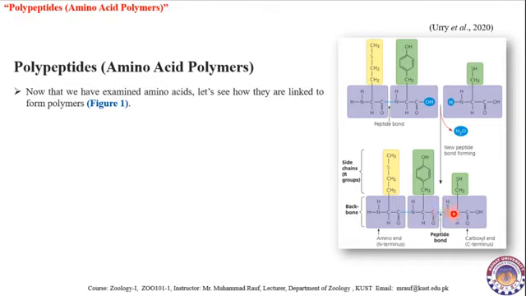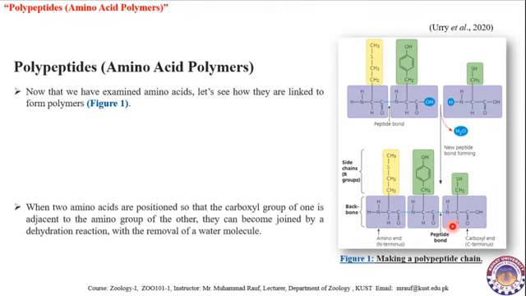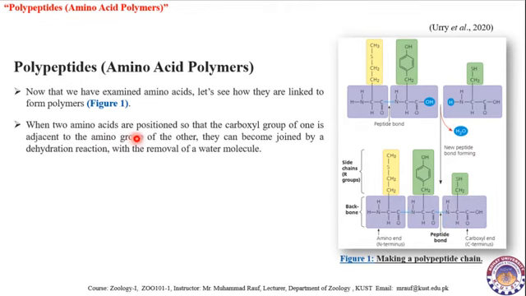Remember that in the formation of a peptide bond, the skeleton of the two amino acids is involved, and there is no interaction between their side chains. When two amino acids are positioned so that the carboxyl group of one is adjacent to the amino group of the other, they can become joined by a dehydration reaction with the removal of a water molecule.